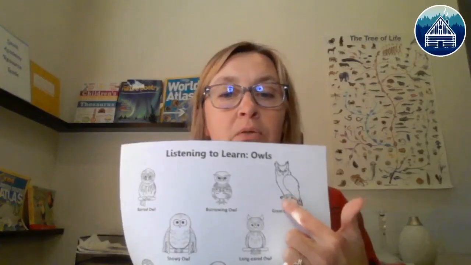All right, look at how big those talons are. Wait till you learn how tall a great horned owl is. If it's not in the directions, remind me at the end to tell you how tall they are.